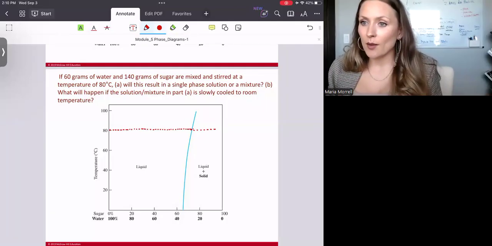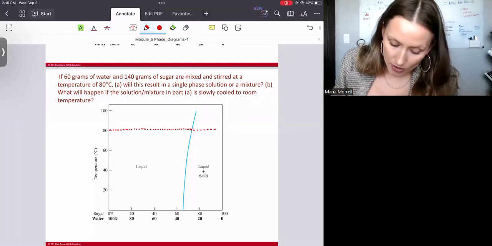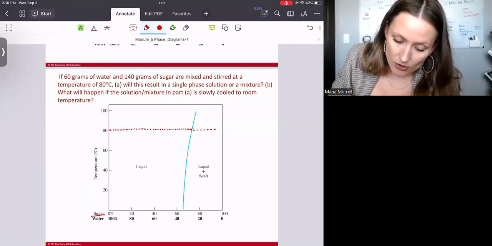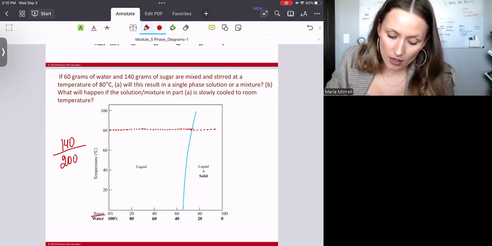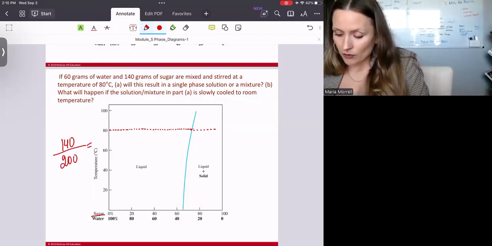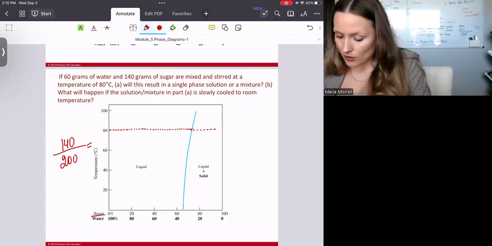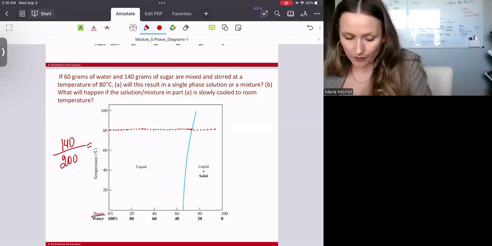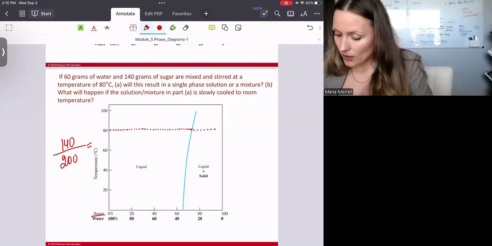I need to find out where I am on the x-axis, and I'm going to do the math for the sugar. It's going to be 140 grams divided by the total, which is 60 plus 140, 200. So the answer is 14 divided by 20.